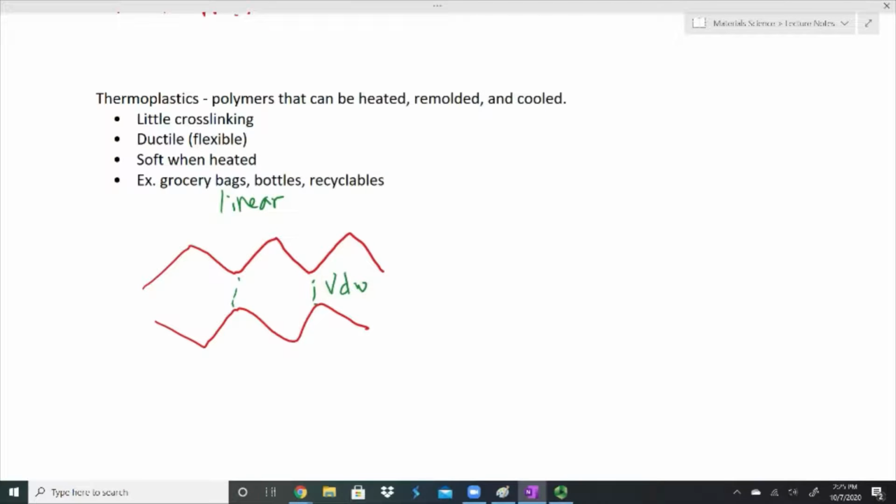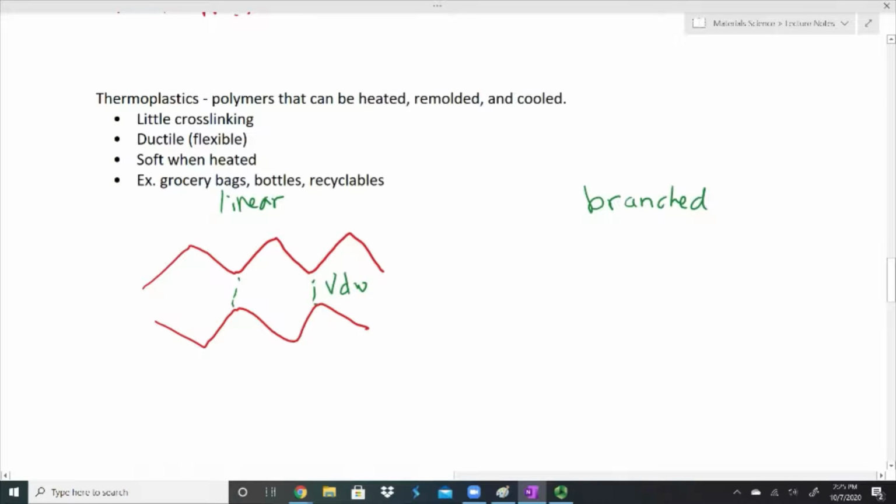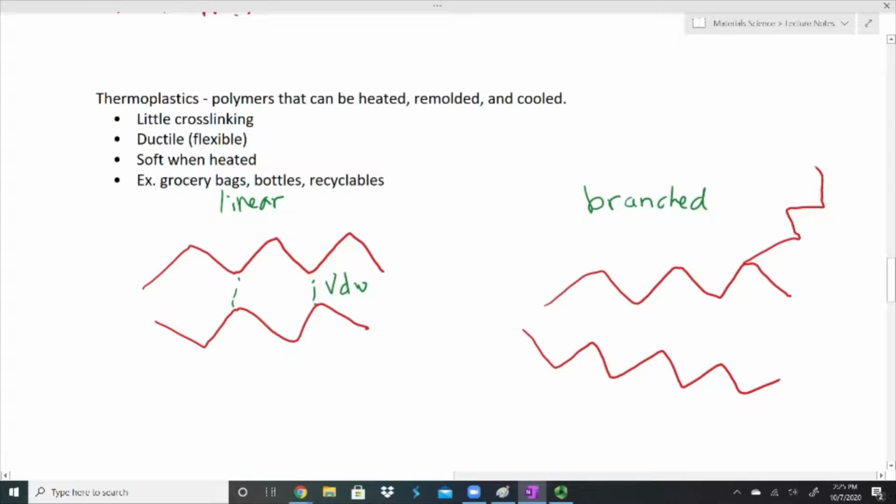We could have a branched polymer. And a branched polymer is very similar, but what I have is maybe something where I have a branch and another polymer comes off of it. And again, I could have another one over here, and maybe it has some branch as well.